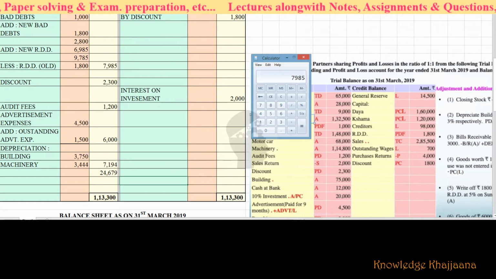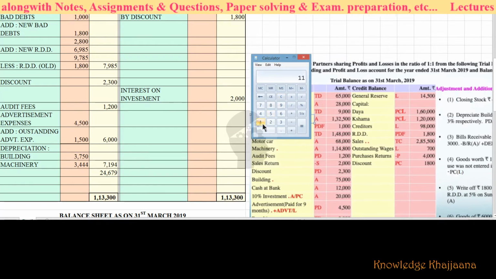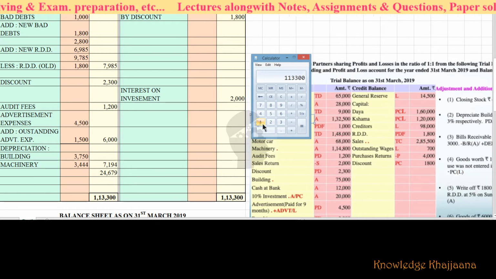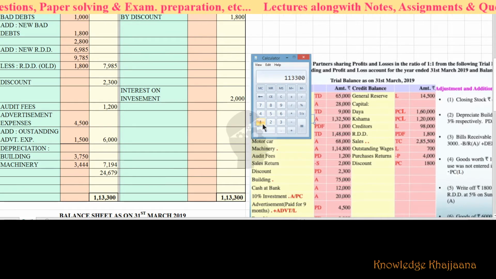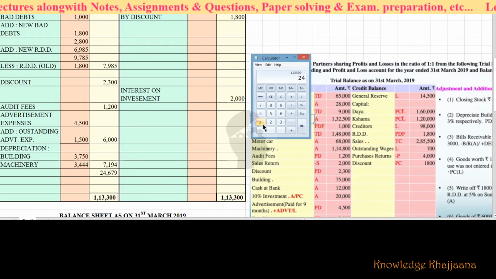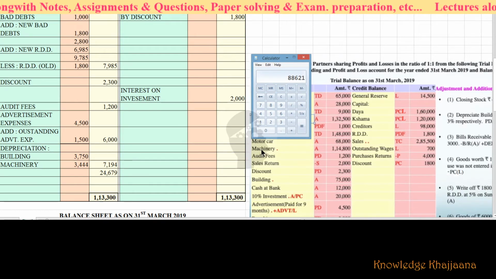Okay, so we'll deduct this total: 1,13,300 minus 24,679 is equal to 88,621.